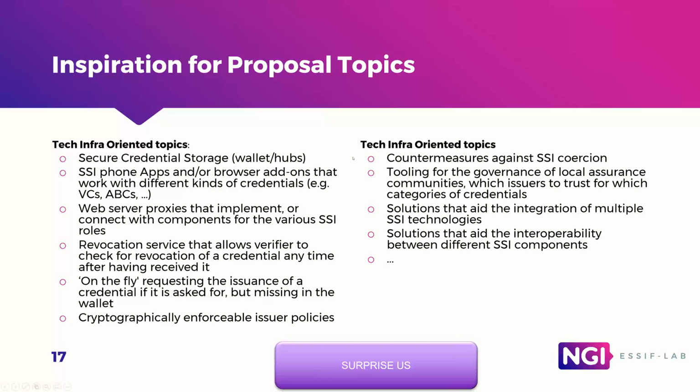One more, that is countermeasures against coercion, SSI coercion. The idea is that when users have a wallet filled with credentials, this is a honeypot. And most likely malicious parties are going to try to mine that honeypot and lure or coerce citizens to surrender some of their credentials, maybe their health credential.